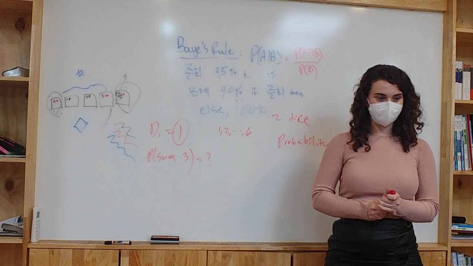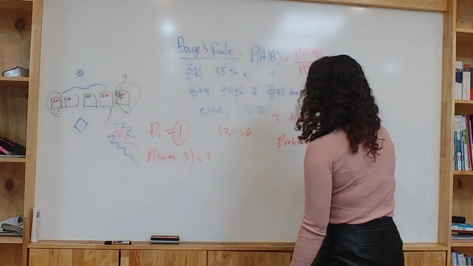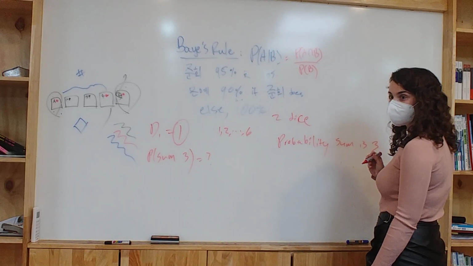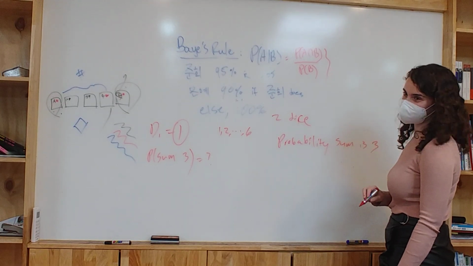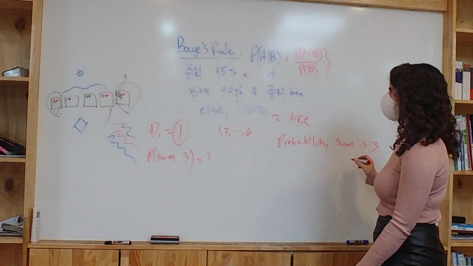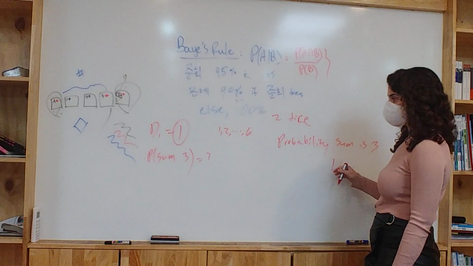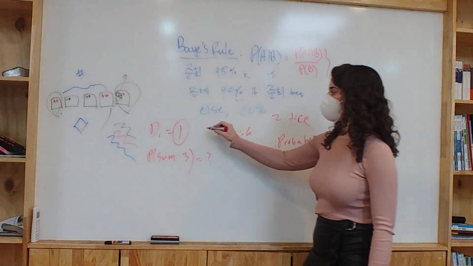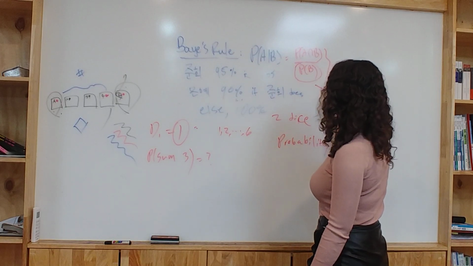You have to draw the tree method. Just that. That's it. All right. What's the probability of both? Both. Okay. What's the probability of this? Because that's this. 1/6.